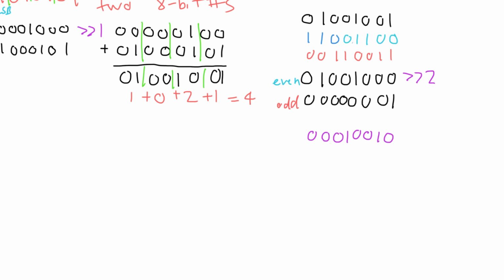So I'm just going to copy the odd number back down here, 0 0 0 0 0 0 0 1, and I'm going to add these two together. So let me just do that real quick. 1 1 0 0 1 0 0 0.